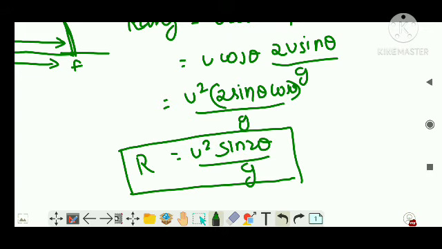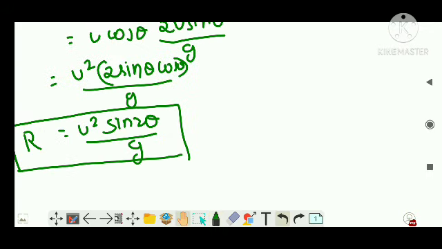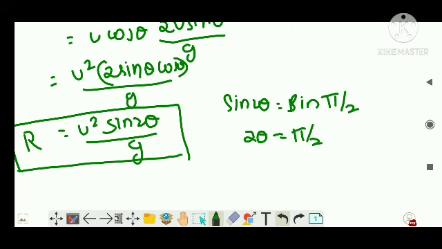Now range will be maximum. When will the range be maximum? When sin 2 theta is 1. That is when sin 90 degree, or I can say 2 theta is equal to 90, or theta is equal to pi by 4.